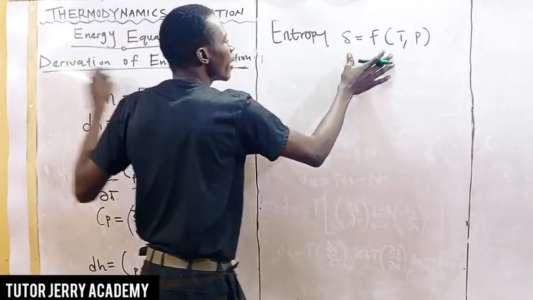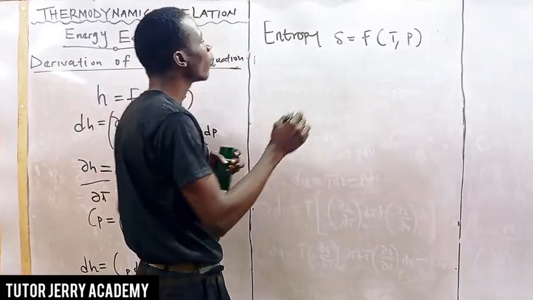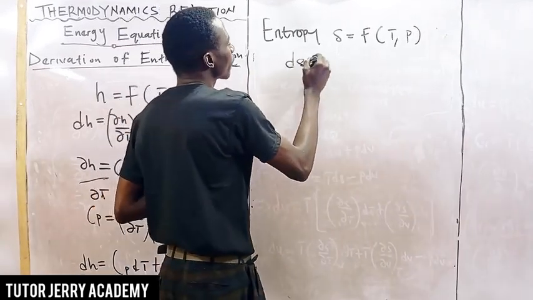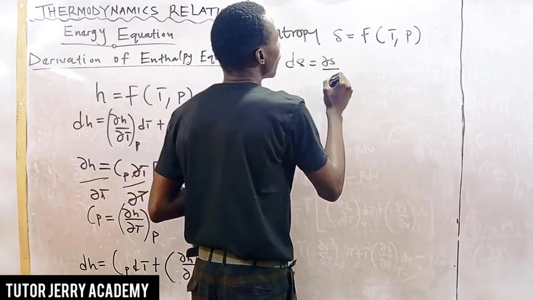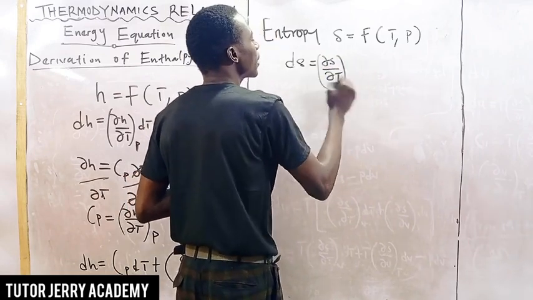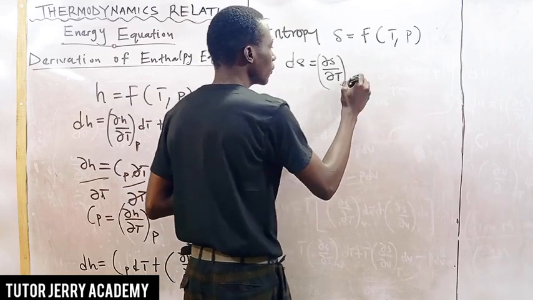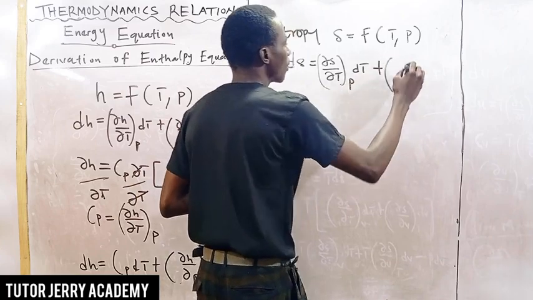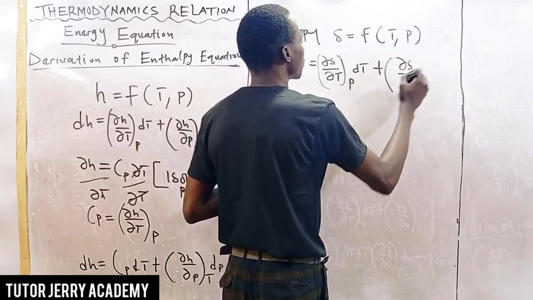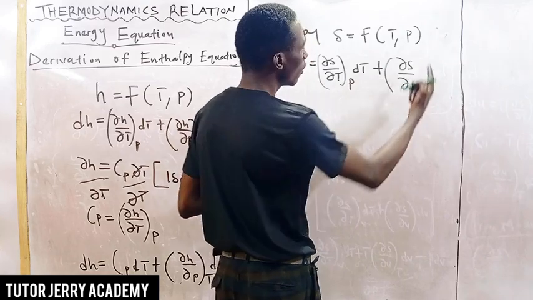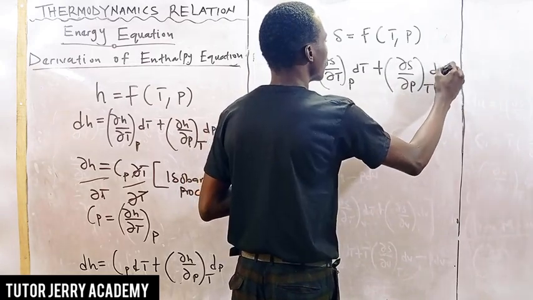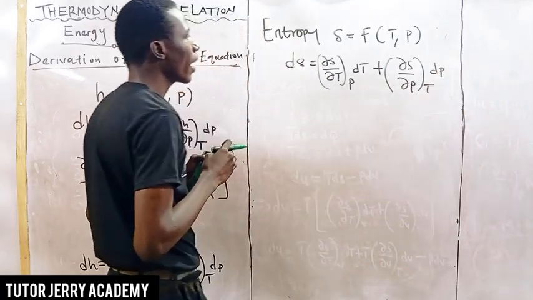From our basic law of partial differentiation, we can say that dS is equal to the partial derivative of S over the partial derivative of T, keeping P constant, dT, plus the partial derivative of S over the partial derivative of P, keeping T constant, dP. So this is what we have.